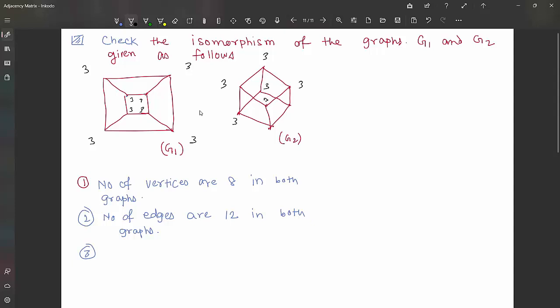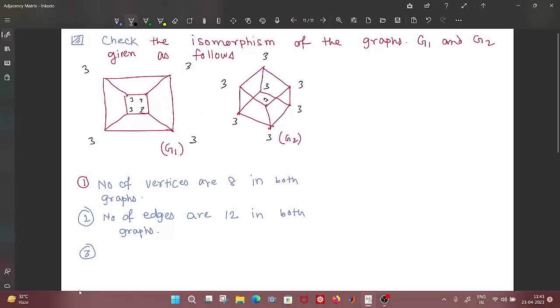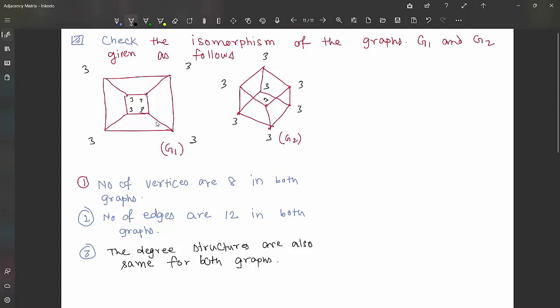So the degree structure of both graphs is also the same. That means each graph has 8 vertices with degree 3 each.